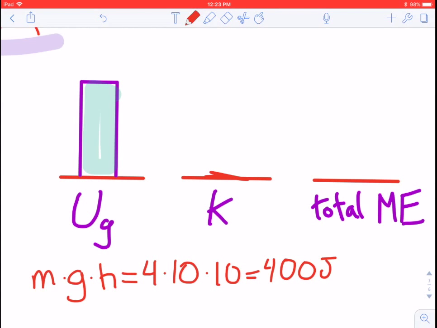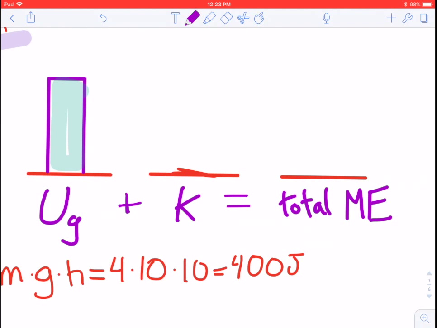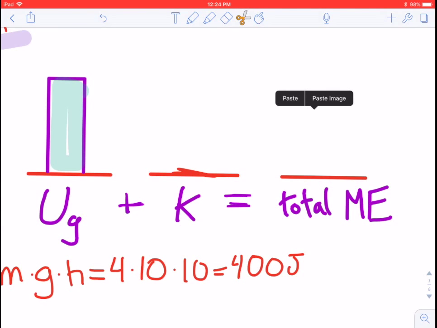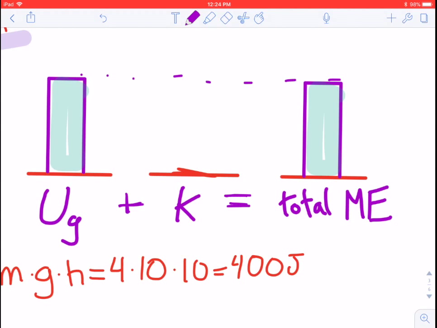Now, how do I calculate total mechanical energy? It doesn't have any kinetic energy, so all of its mechanical energy is gravitational potential energy. To find mechanical energy, you just do UG plus K. I'm just going to copy this bar over, and these should be the same height.